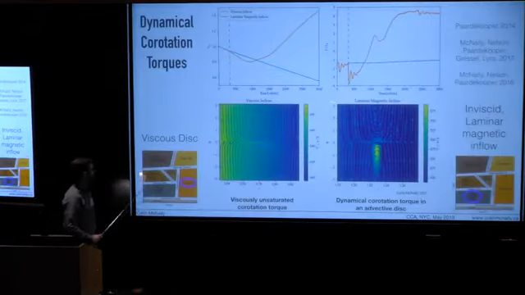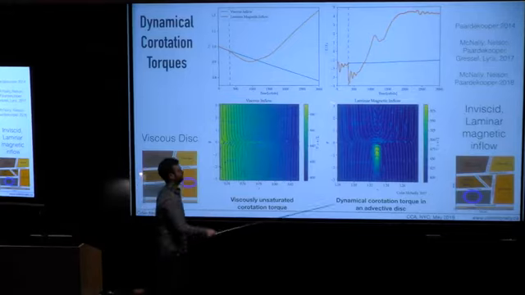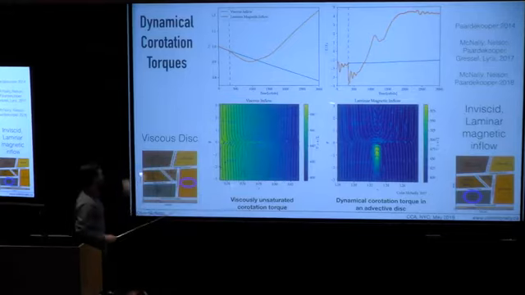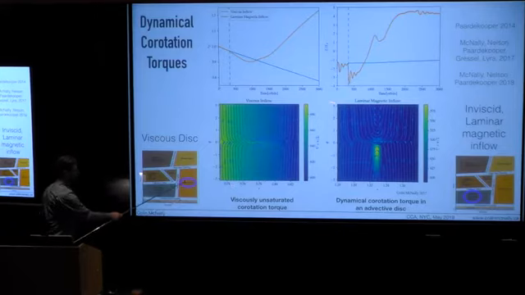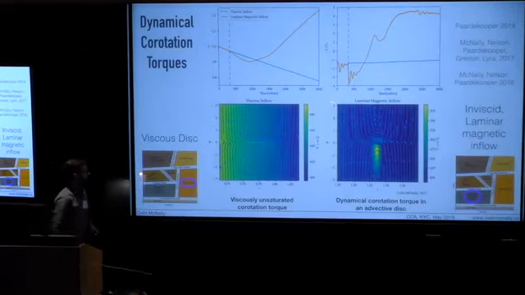Let's start at the bottom with a dynamical co-rotation torque in the low viscosity regime and a standard viscously unsaturated type 1 migration in the high viscosity regime.